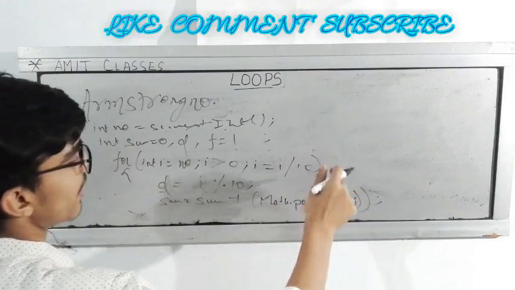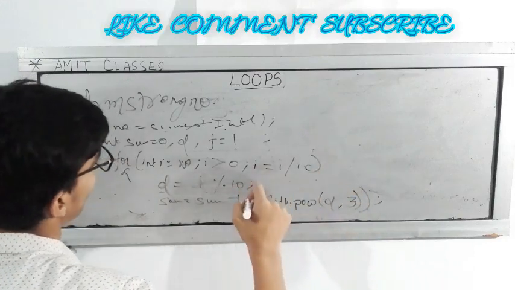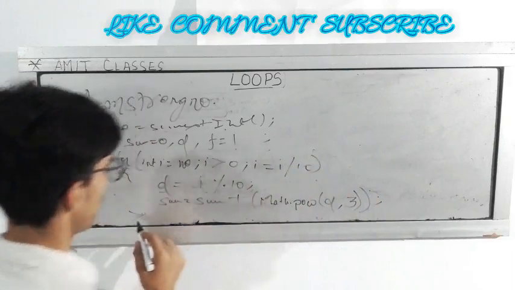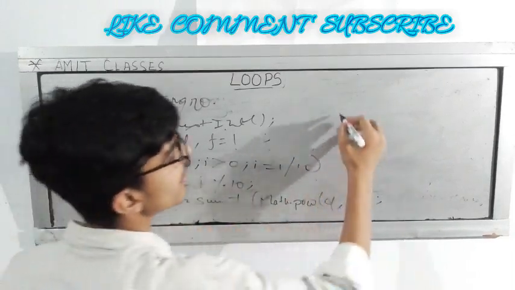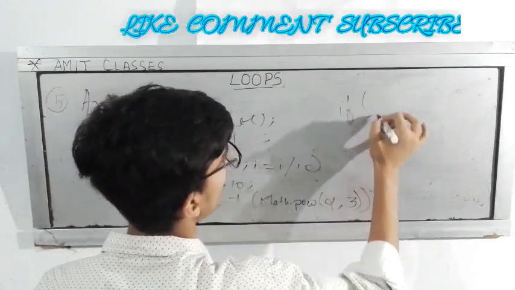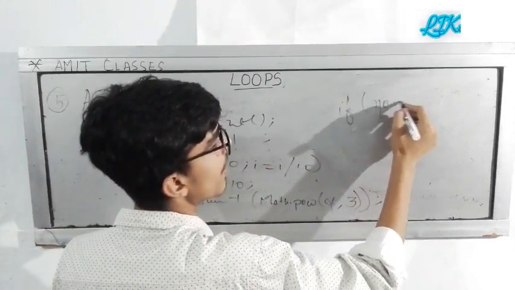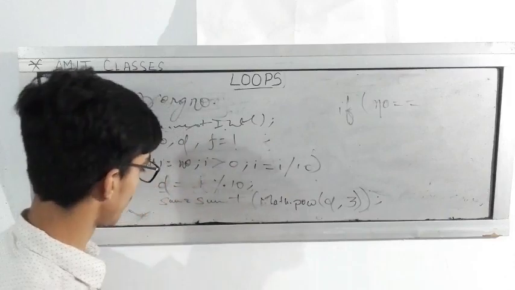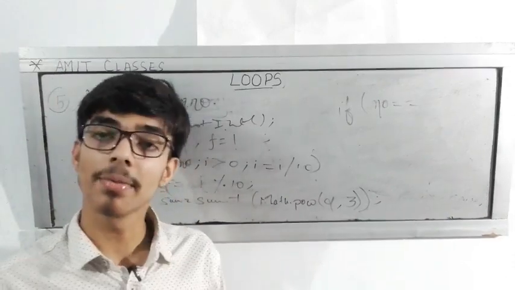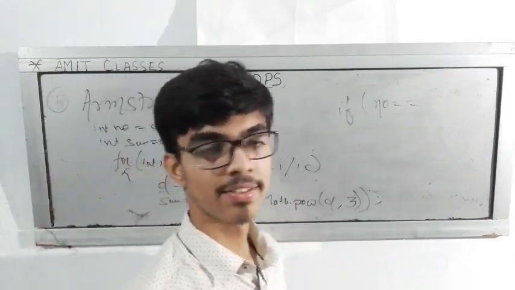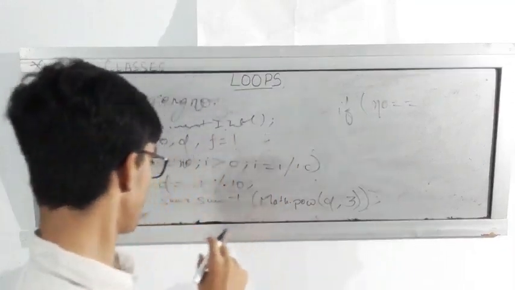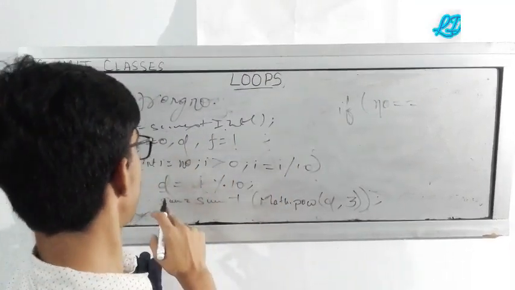After this, we'll close the loop first, then we'll check if the number is equal to what? The sum of cubes of the digits. So now the sum of cubes of digits is inside the sum.